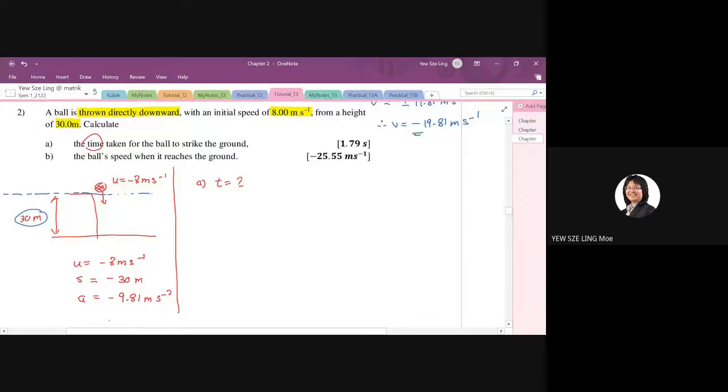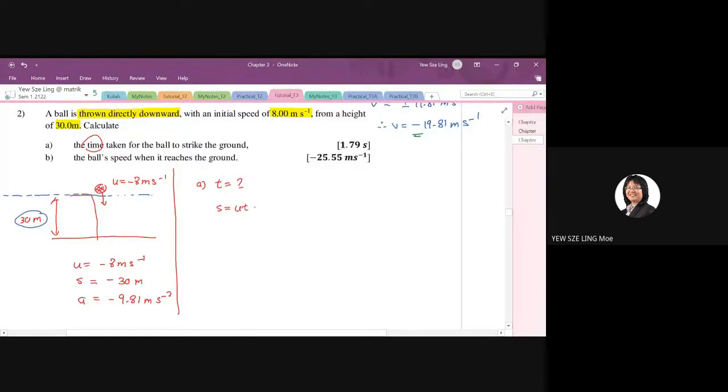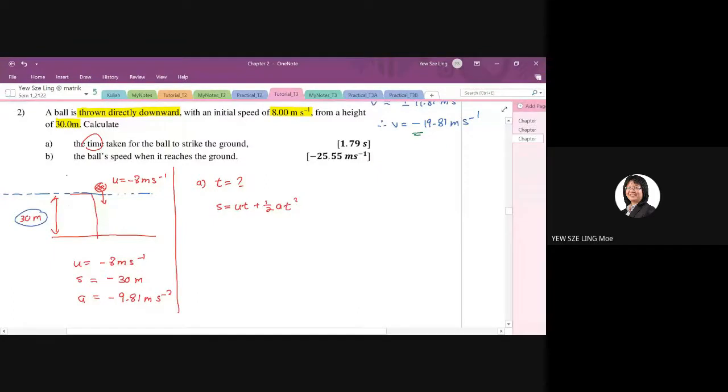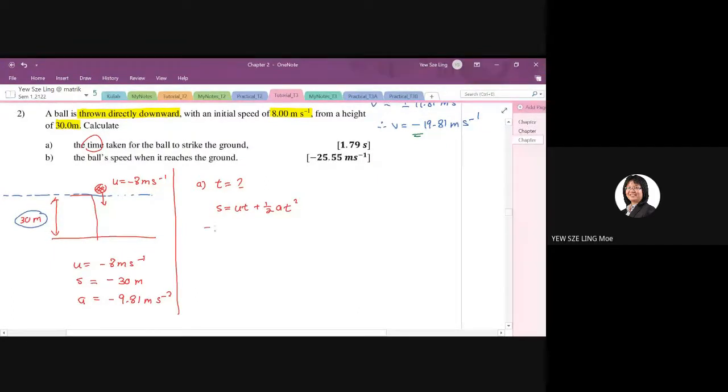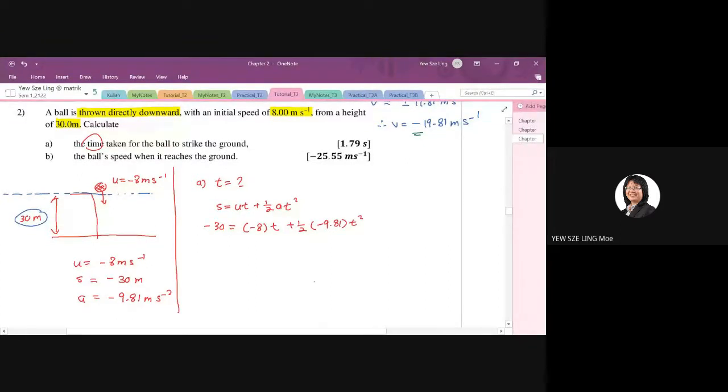So U, S, A, and T. So we are going to use S equals to UT plus 1 over 2 AT squared. So S is negative 30 equals to negative 8T plus 1 over 2 times negative 9.81 T squared.